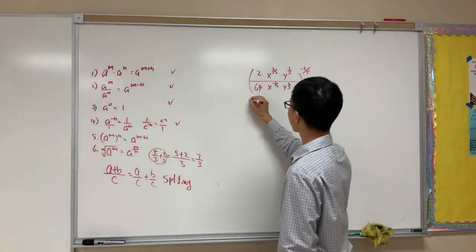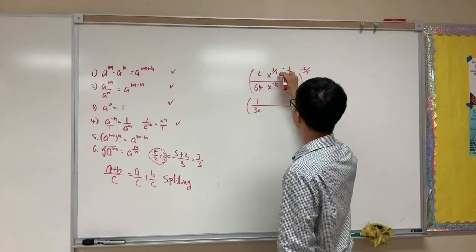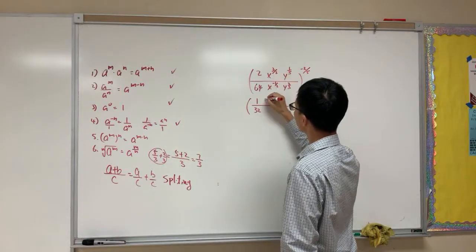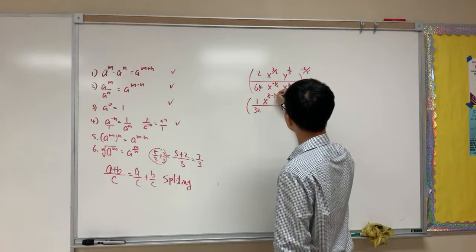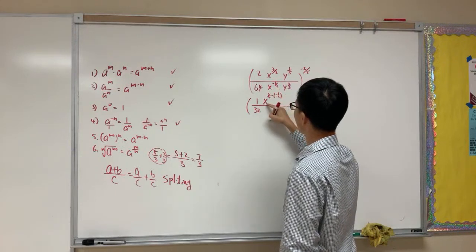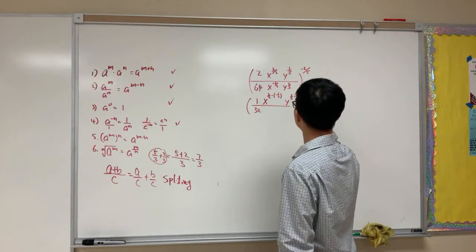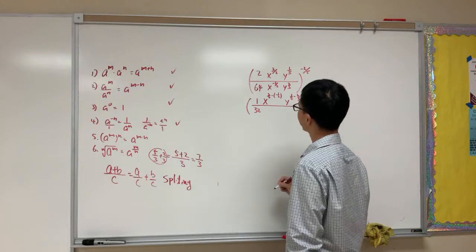If I simplify this, I'm going to get 1 over 32. The top minus bottom, which is the quotient rule. The second rule is top minus bottom. Make sure when you do top minus bottom, write it out. And this x is on the numerator. Y to the 1/5 minus 2/3. And then this is to the negative 2 over 5.